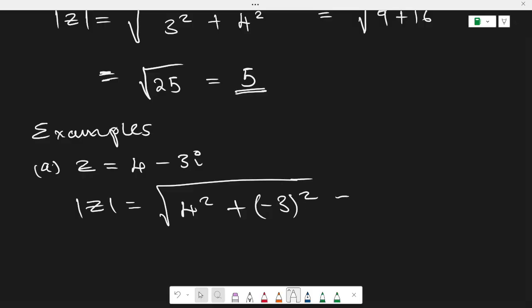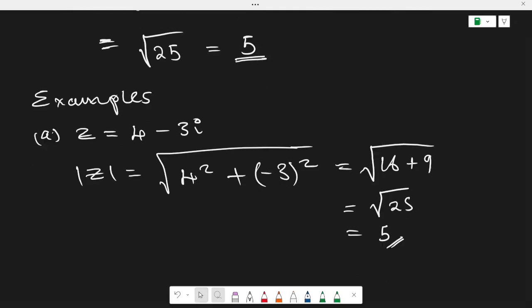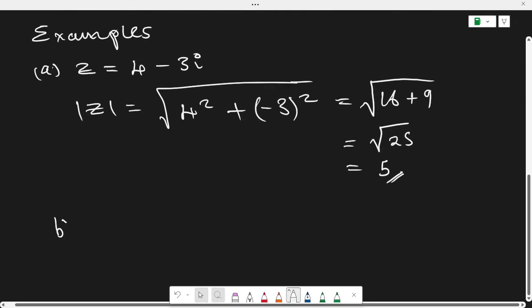This is basically the same thing as what we did earlier. This is going to give us the square root of 16 plus 9, which is the square root of 25, which is equal to 5.